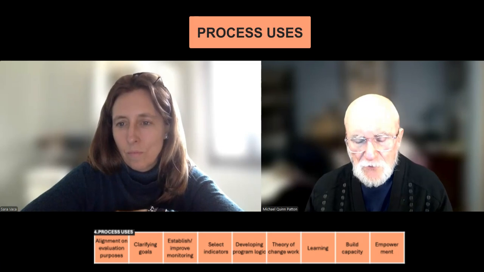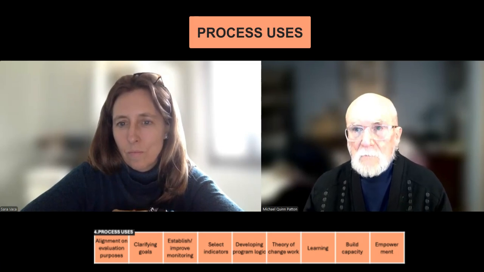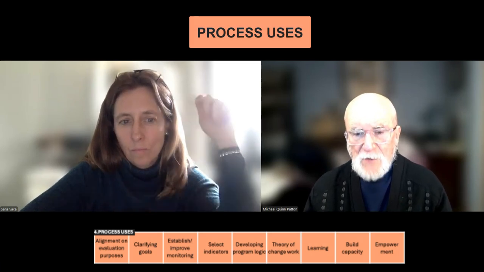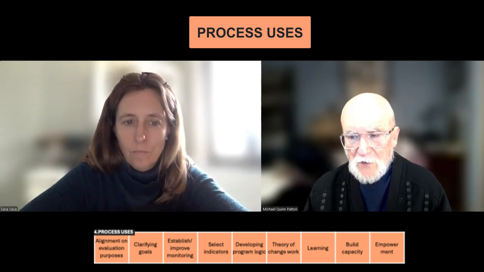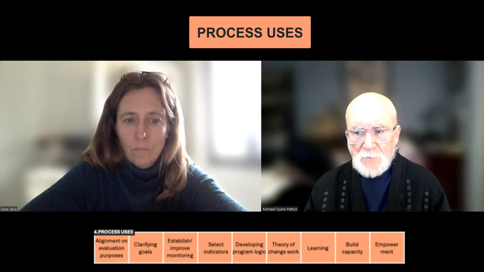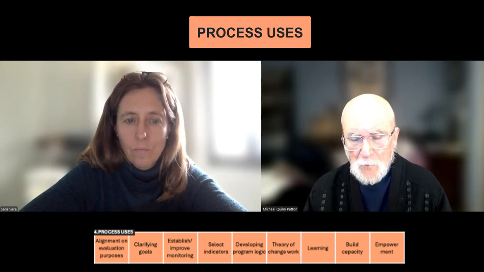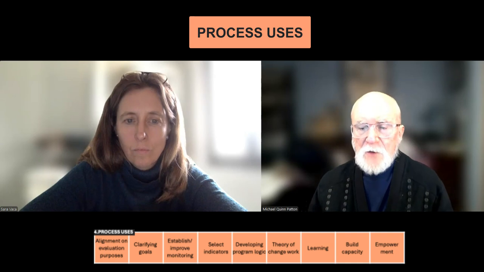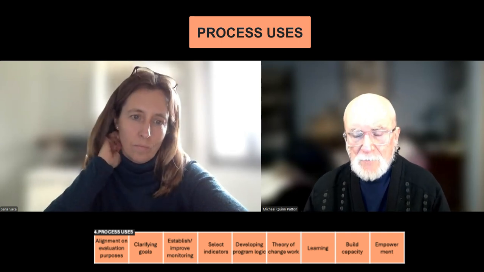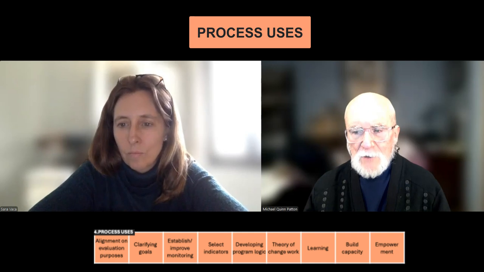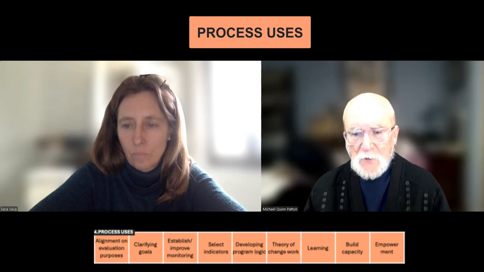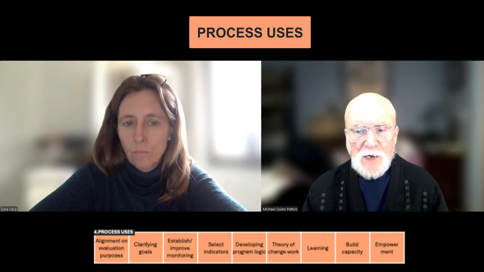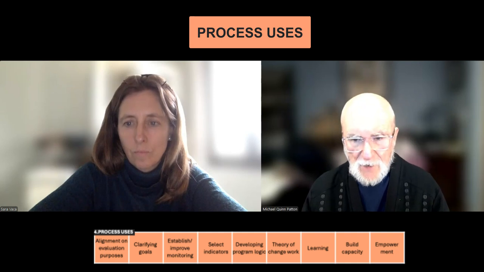The process use is about how the people who are engaged in evaluation are affected and how the organization or program is affected. So, for example, when people in performance measurement say what gets measured gets done, that's a reminder that when we pick measures, people adapt their behavior to meet those measures, and the evaluation is already having an impact before any data are gathered.